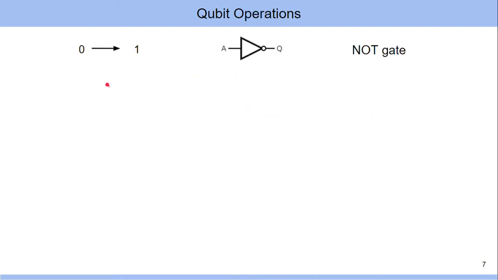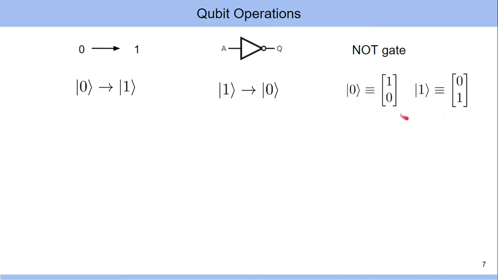Now, to perform operations on a computer, one has to manipulate the bits, and this is done using application of gates. For example, to transform 0 to 1, we apply the NOT gate. Similarly, in a quantum computer, one can transform the qubit state ket0 to ket1 and vice versa, where these are their corresponding matrix forms.